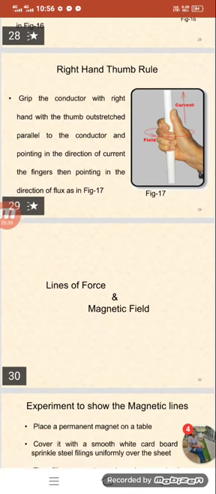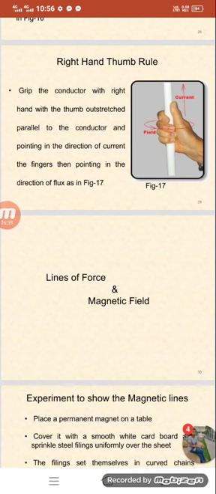Now go for the lines of force and magnetic field. In this topic we are going to do some experiments to show the magnetic lines.